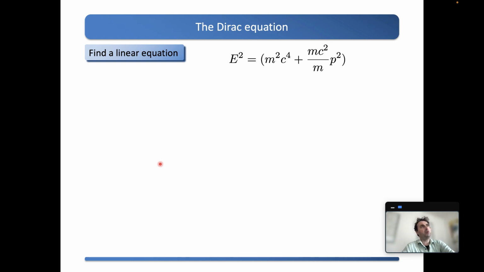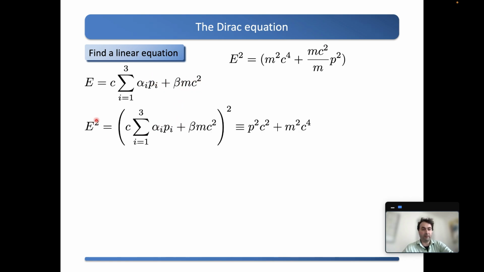So he said, well, maybe we should look for a linear equation, just like the Schrödinger equation is. So I don't want an equation for E square, I want an equation for the energy in terms of momentum. So we can write the energy as a function of momentum and the mass. And now we require that the square of this function becomes p square c square plus m square c to the fourth to reproduce the relativistic energy momentum relations.